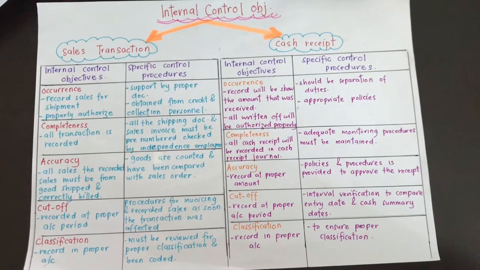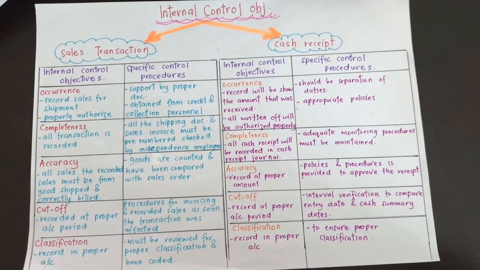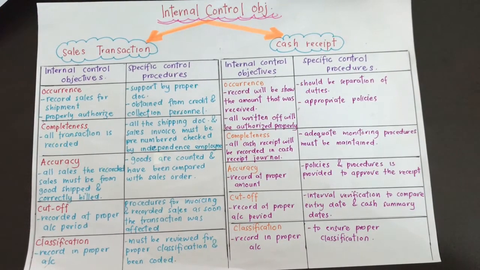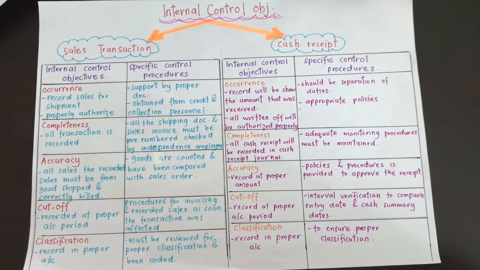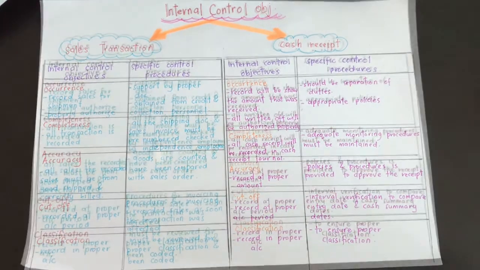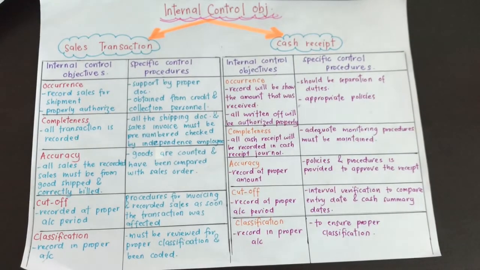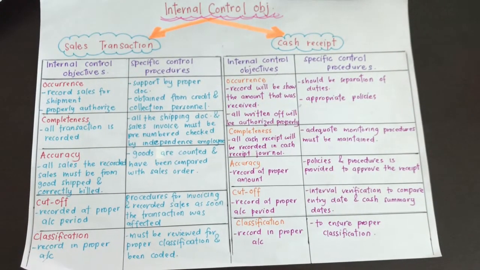The accuracy internal control objective is that all recorded sales must be for goods shipped and correctly billed. Meanwhile, the specific control procedures are that goods are counted and compared with the sales order. Cut off, as an internal control objective, means all sales are recorded in the proper accounting period.